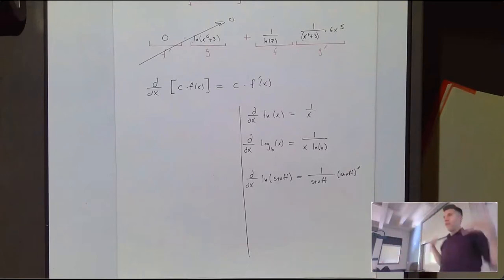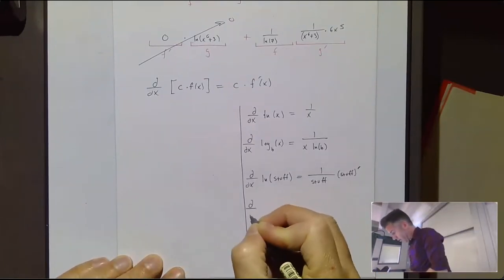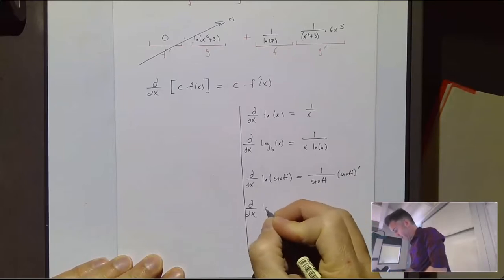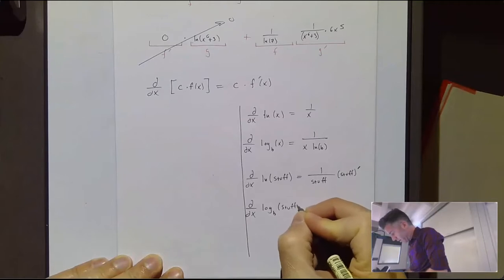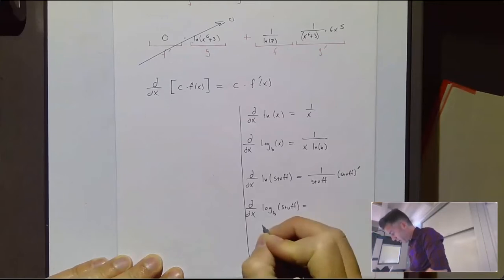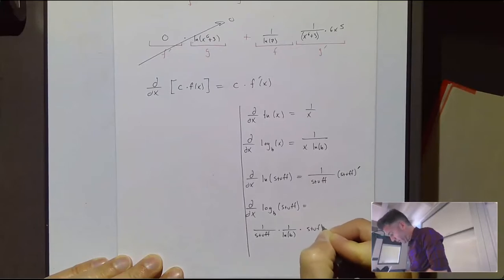I do 1 over the thing, and then I multiply by the derivative of the thing. And then finally, the chain rule version for a different base: the derivative of log base b of some stuff is 1 over the stuff times 1 over the natural log of the base times the derivative of the stuff.